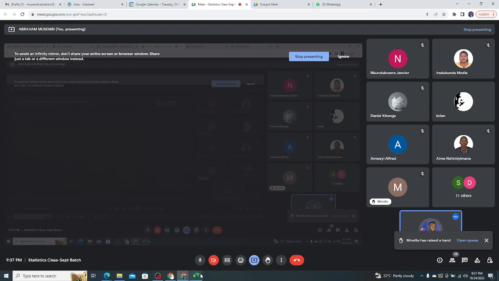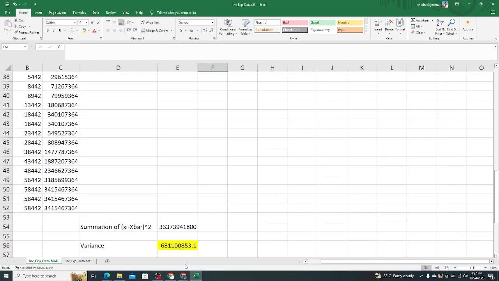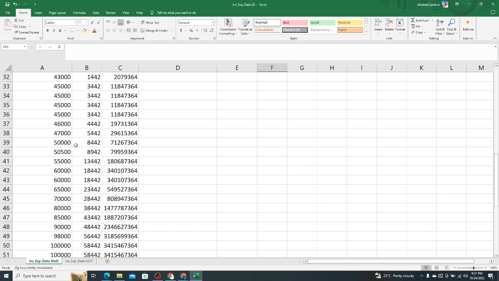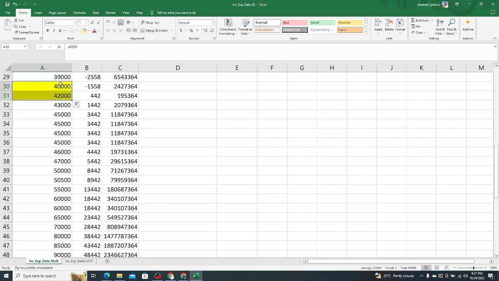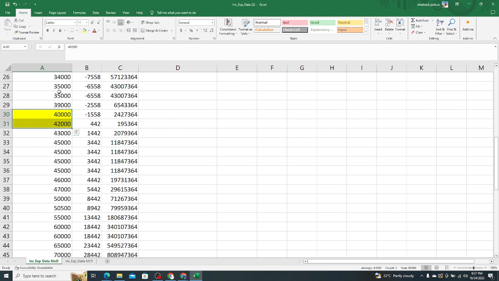For example, let's check on this. Our mean value is within this range. So let's assume this was our data set, and it's going up to this point.